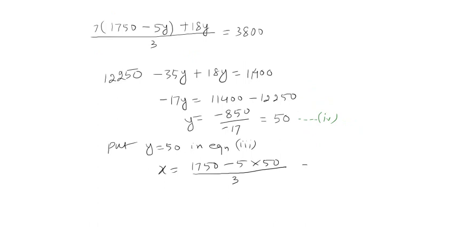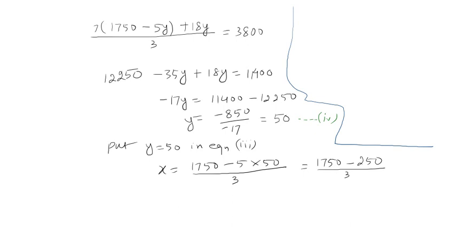So now here we have 1750 minus 250 upon 3. I'll not shift to the next page, I'll rather use this much space to do the remaining part of the question, so I don't have to shift the page.